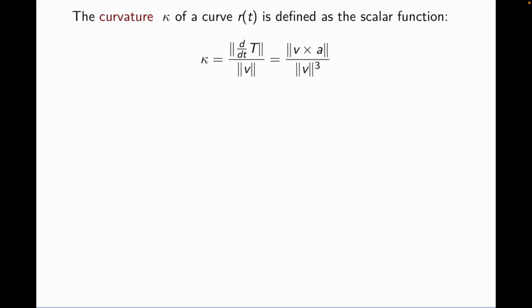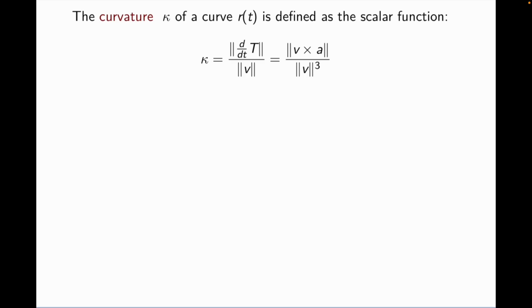And this is the same as doing the cross product of the velocity and the acceleration, calculating the norm, and dividing by the norm of v cubed. So depending on the data that you have in the problem, you will find that it's easier to calculate the curvature in one way or the other.